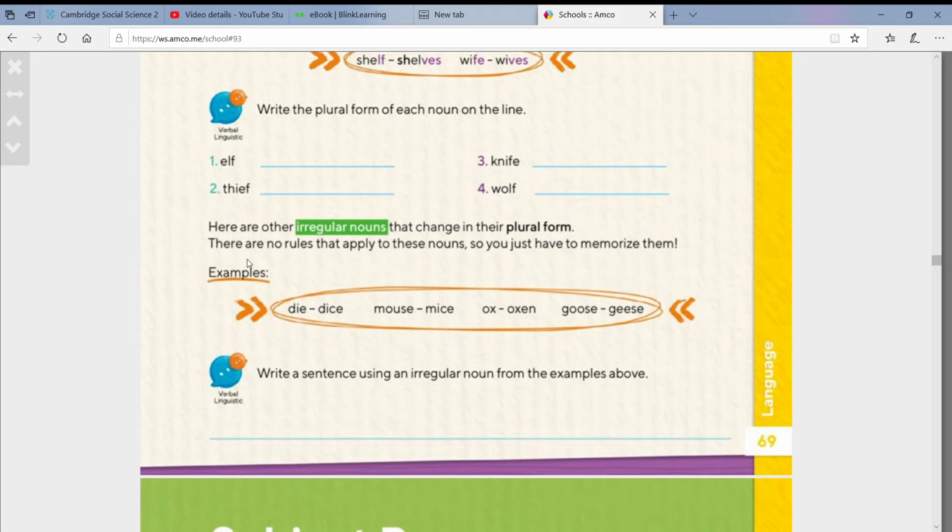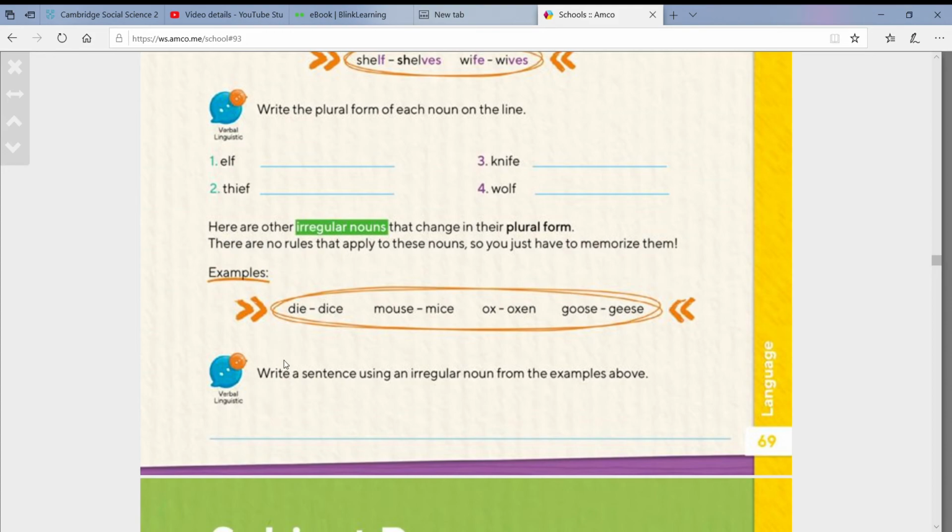Okay, so let's have a look at some. We have 1 die, 2 dice, 1 mouse, 2 mice, 1 ox, 2 oxen, 1 goose, 2 geese.